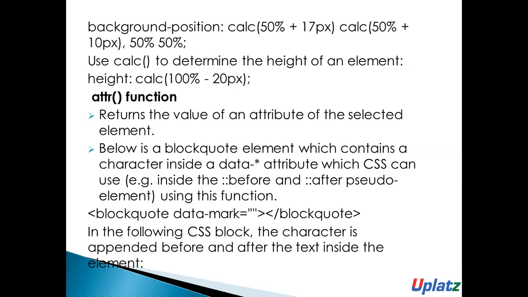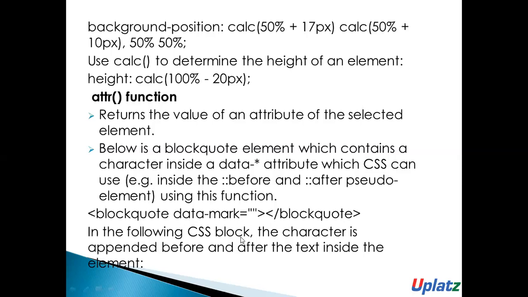So next is the attr function. It will return the value of the attribute of the particular selected element. You can see below is a blockquote element which contains a character inside a data attribute, which CSS can use inside the before and after pseudo-elements using that particular function. So blockquote data-mark.